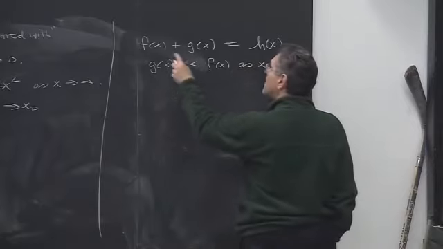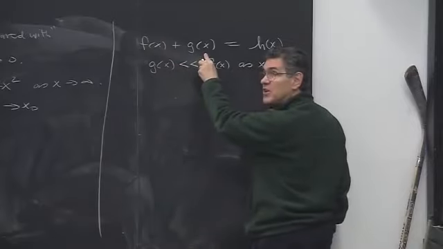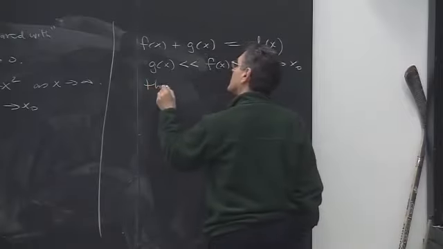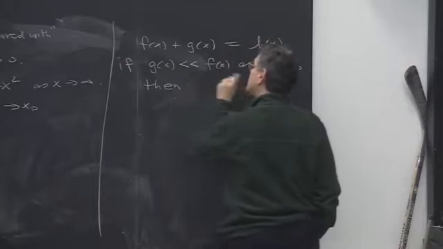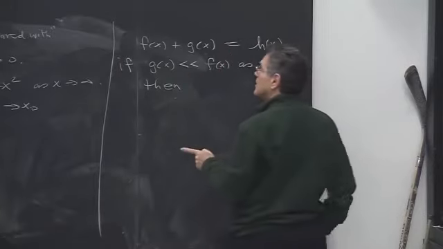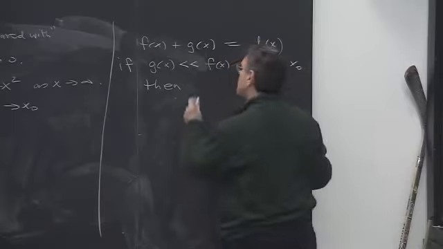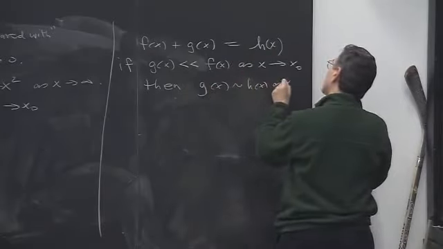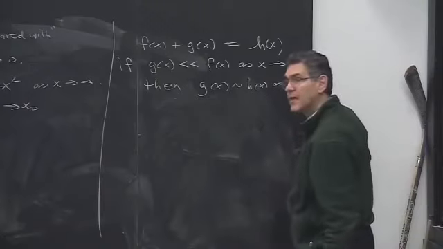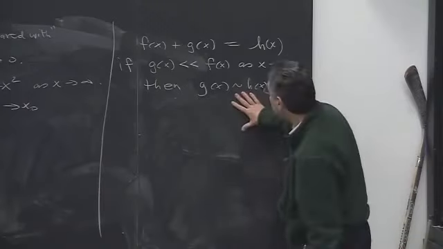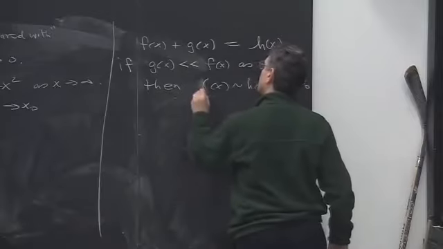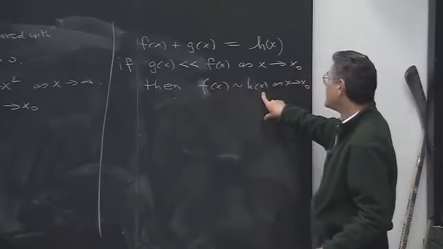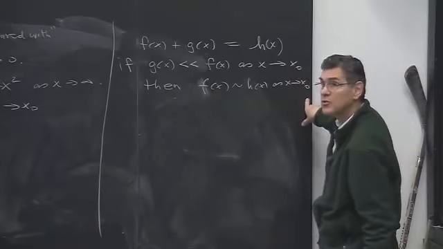Exactly. If g of x is negligible compared with f of x as x approaches x naught, then I can throw away g of x and conclude that f of x is asymptotic to h of x as x approaches x naught. Sorry, I misspoke: g is negligible, so f is asymptotic to h of x as x approaches x naught.